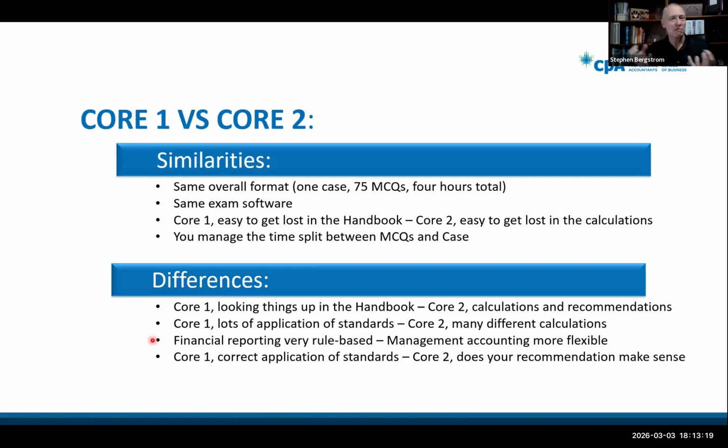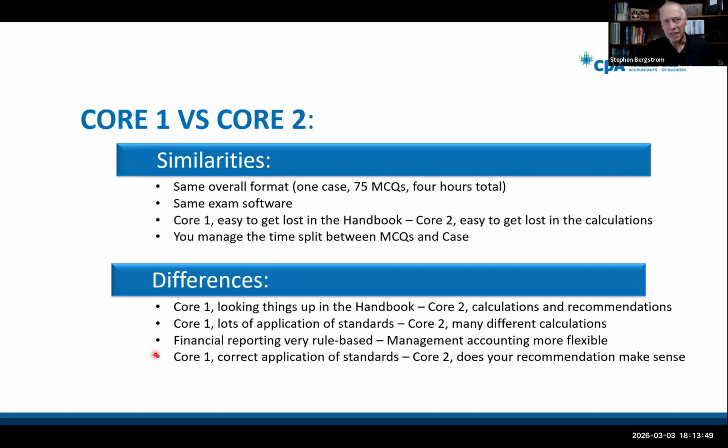Different people like the different areas for those very reasons. Some people like the structure of financial reporting. Some people prefer the creativity or the flexibility of management accounting. Regardless which one you love or which one you hate, as accountants, we need to understand both of them because of that integration between the two areas, not to mention audit and tax.